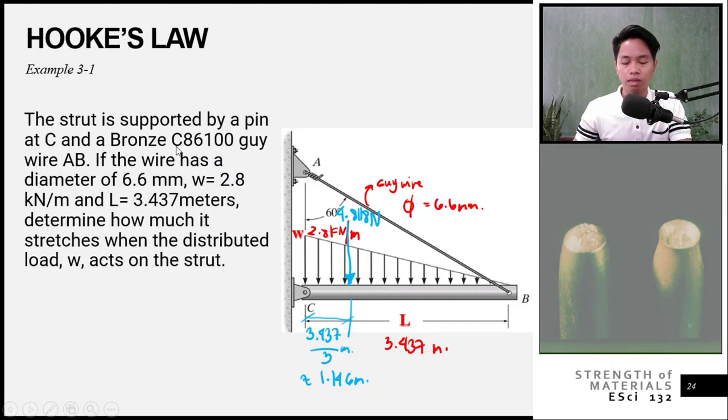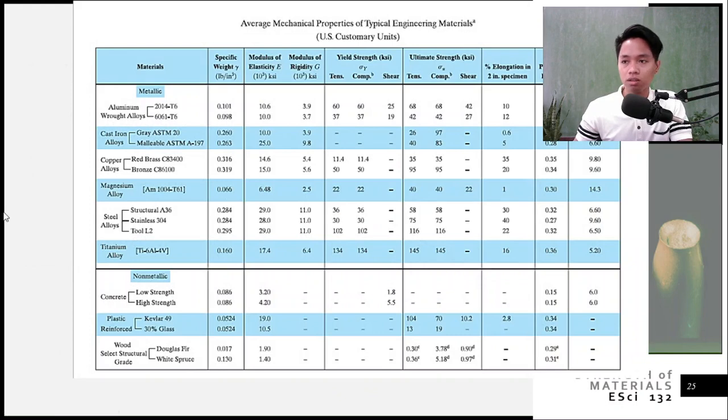So, what we are looking for is a material made of bronze. Wrought iron, wrought alloys, cast iron, copper, magnesium. Bronze is under copper. So, bronze C86100.